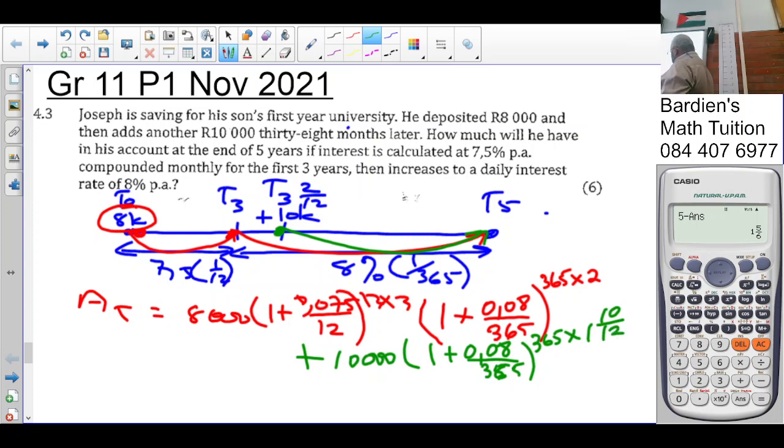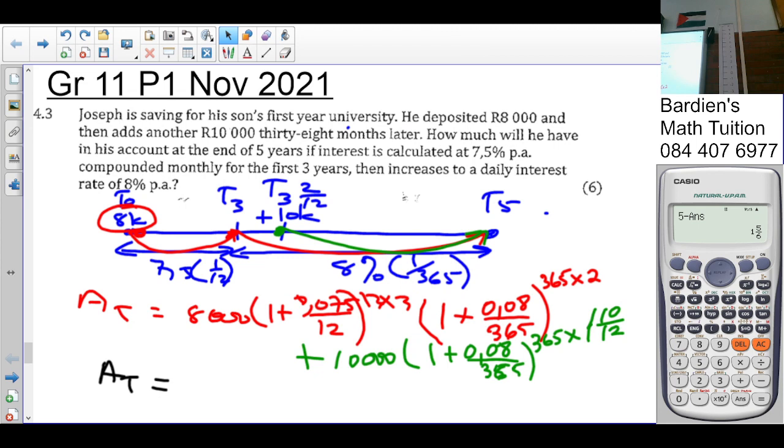Okay, you guys understand? So then your A total is equal to, you put this in the calculator now.